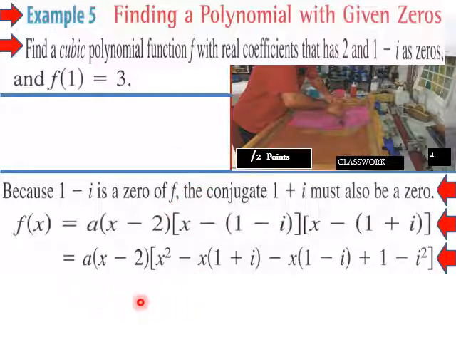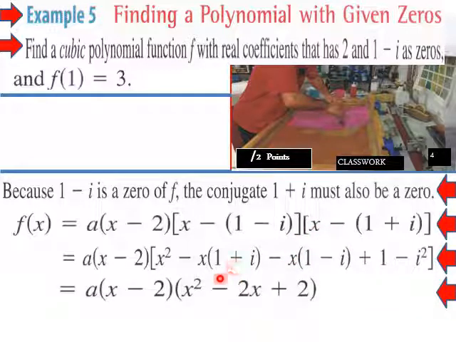And then by multiplying these two together, a times (x minus 2), and then x squared minus x times (1 plus i), then minus x times (1 minus i), plus (1 minus i) squared. So we're multiplying by grouping like terms together.